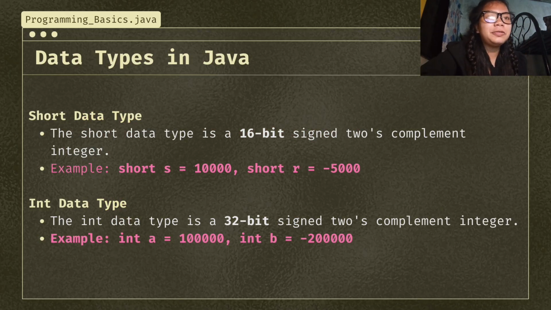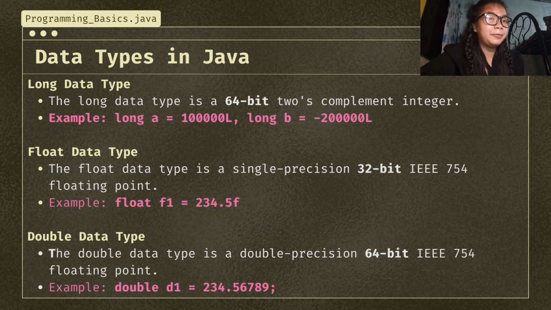Its default value is also 0. It's commonly used as the integer type. And for the long data type, its purpose is to store very large whole numbers. Its size is a 64-bit signed integer and the range is huge, beyond the integer limit, used for large counters, timestamps, or IDs.